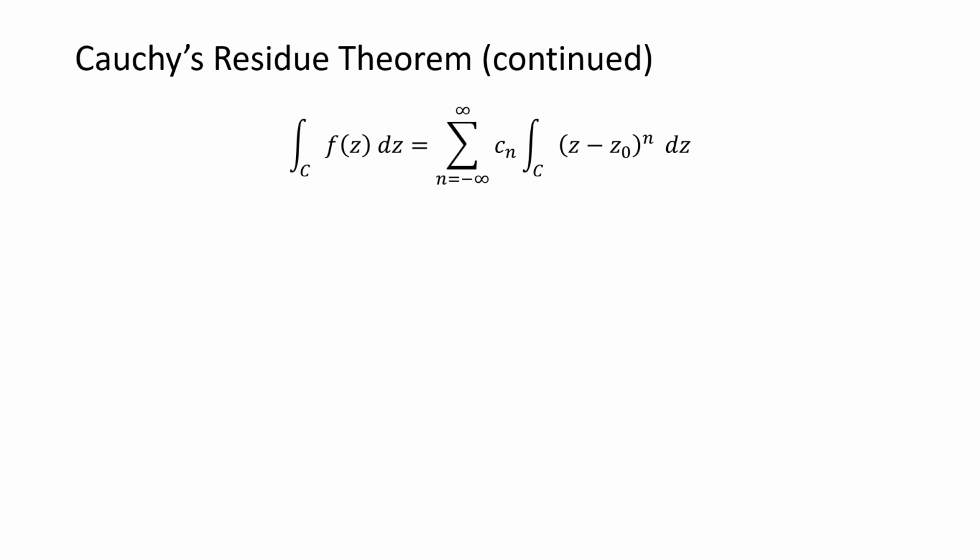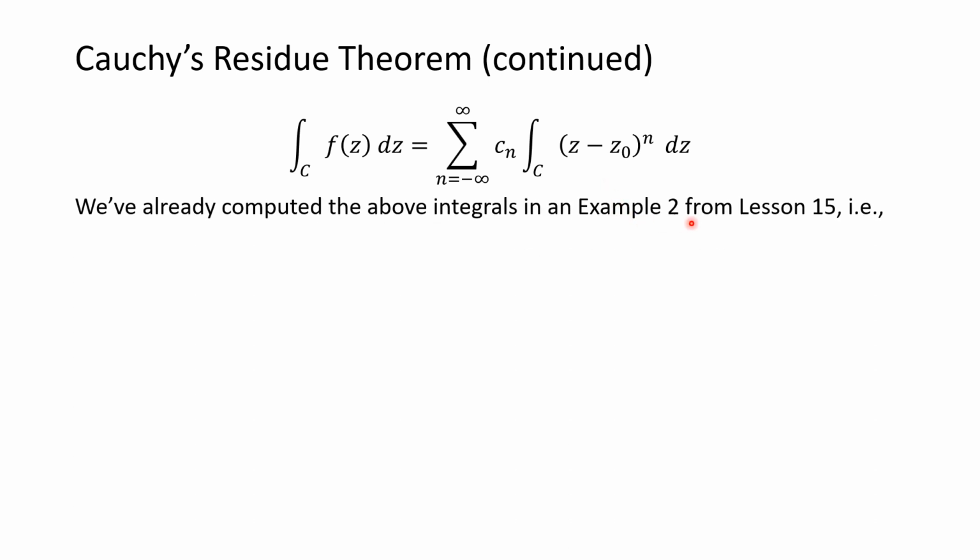So bringing over the final equation we had from the previous slide, we have one integral of this form represented as a series for each of the singularities of our function within the contour of interest.